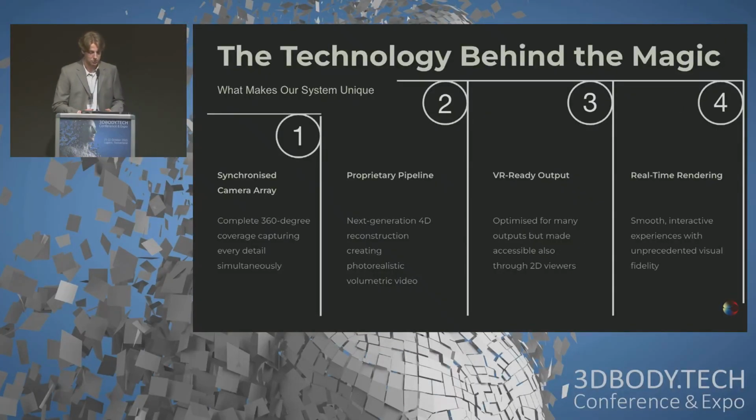So how does it work? What does the pipeline look like? We have our own synchronized camera array with 78 cameras at a very high quality, capturing 24 megapixels per camera, so about 2 gigapixels per 3D frame, which is a lot of data. We then compress the data, and then we reconstruct it. We have to do an initial compression stage just because we process the actual 4D Gaussians in the cloud, and then eventually it is optimized for VR outputs.